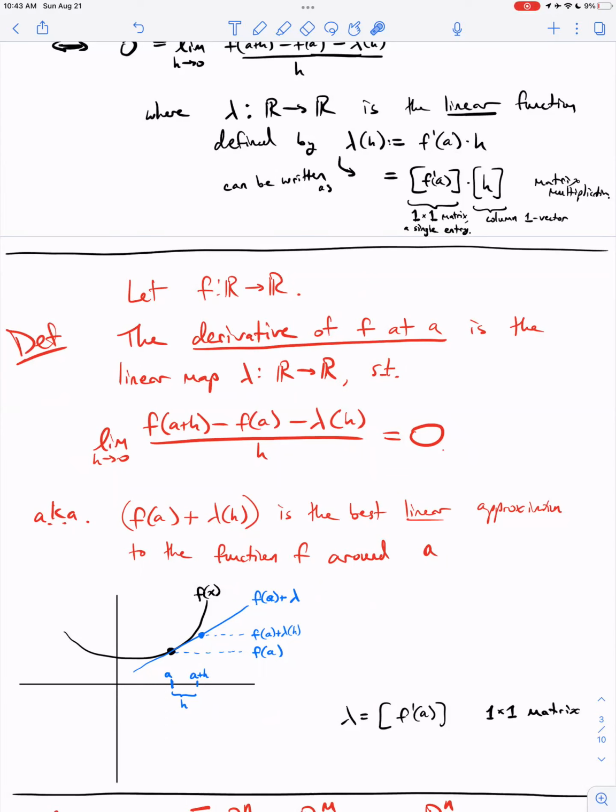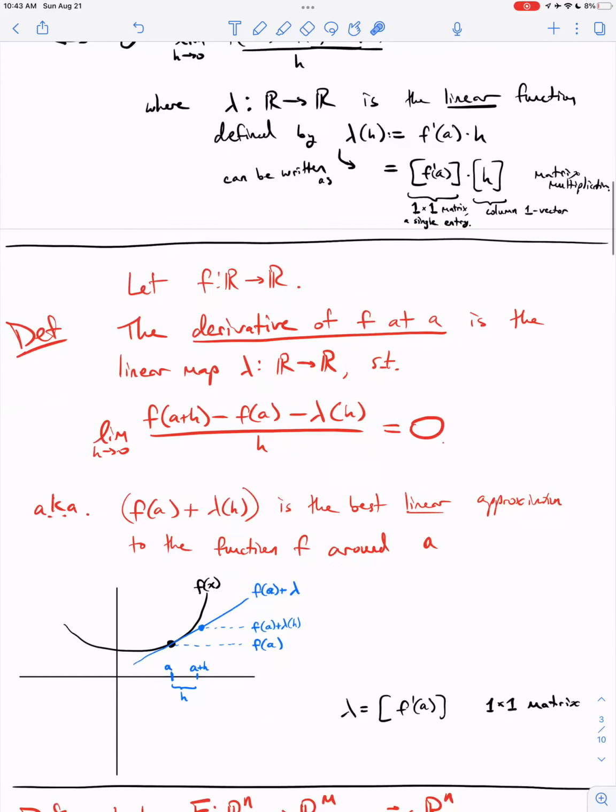A way of interpreting this is that this combined quantity, the sum of these two, is a linear approximation to f of a plus h, or a linear approximation to f close to a, right? Which is kind of what we want to get at with this derivative. And whatever the slope of that line is, or the number that represents that linear function, is the derivative.